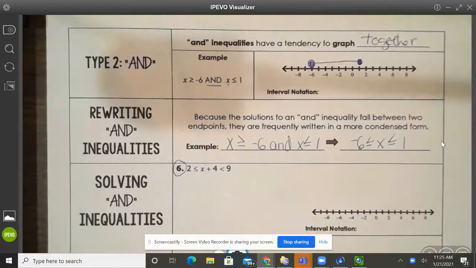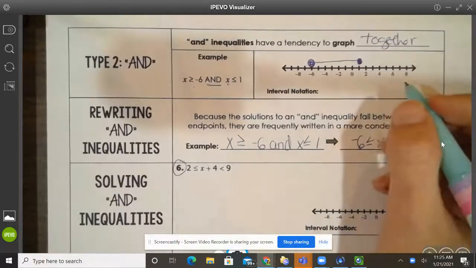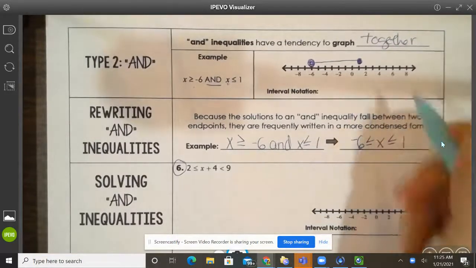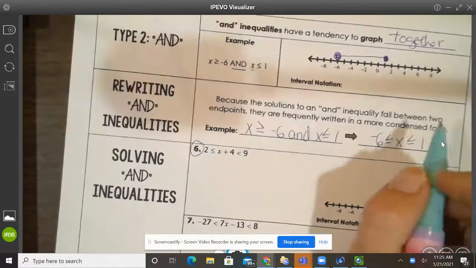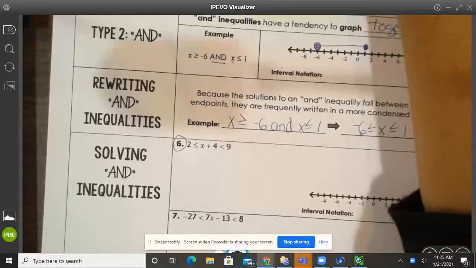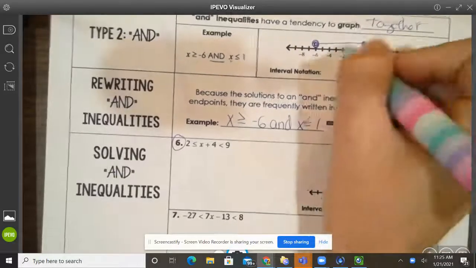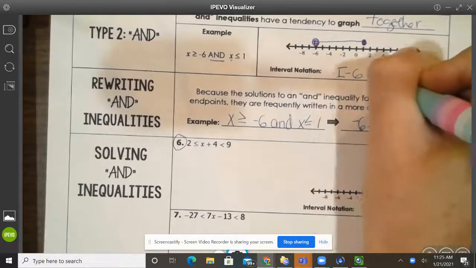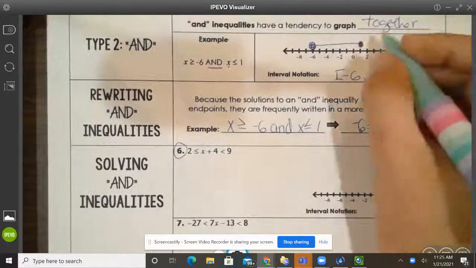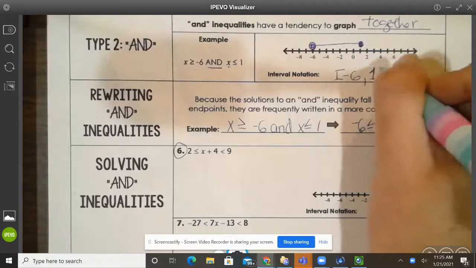So the way we write the interval notation, we usually use this kind of interval here. So it goes from negative 6, and it's included, to 1.